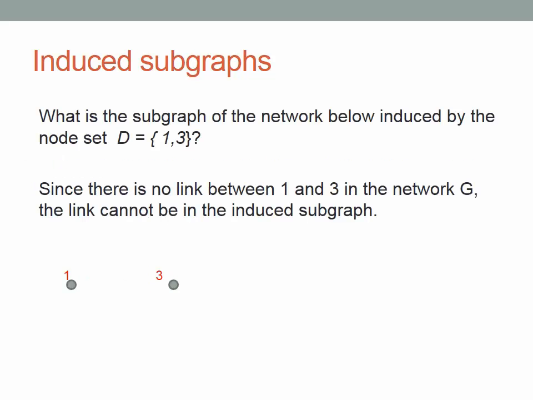If we don't include the node 2, and we're looking at the subgraph induced simply by 1 and 3, since there is no connecting link between 1 and 3 in the network, there can't be any connecting link in the subgraph. So the subgraph induced by the two vertices 1 and 3 is simply those two nodes.